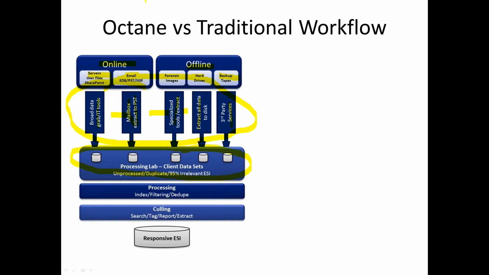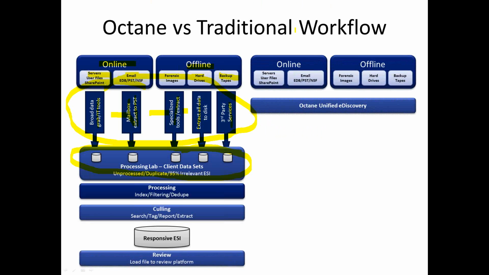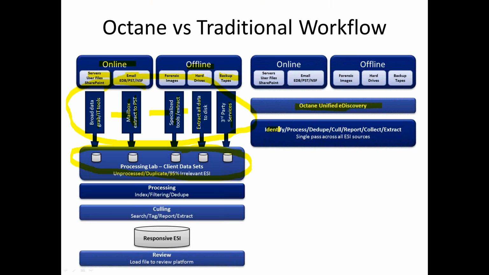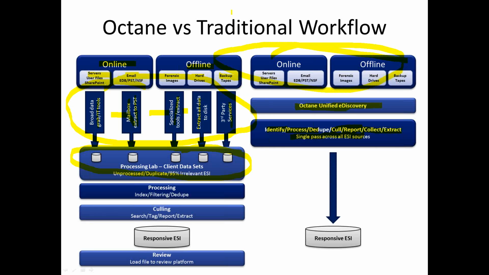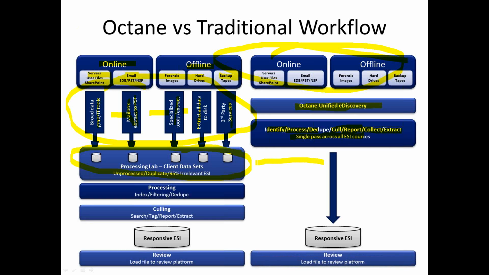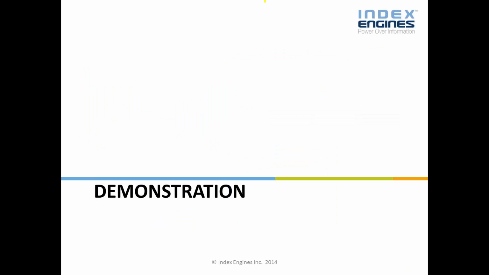The real power that is available within the Octane platform from Index Engines is that you can point to these different data sets using a unified e-discovery platform, meaning a unified approach, set up your identification, deduplication, and culling process in one pass, a single pass against all these sources, and in one shot go down to responsive data, which could integrate to review platforms such as Relativity and others. So the idea is that you're not creating this staging area of multiple data sets in order to process data. It significantly accelerates time to data.